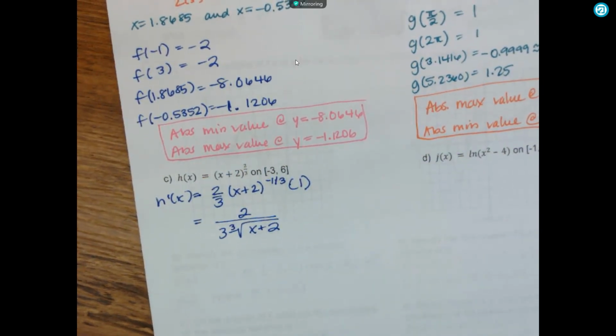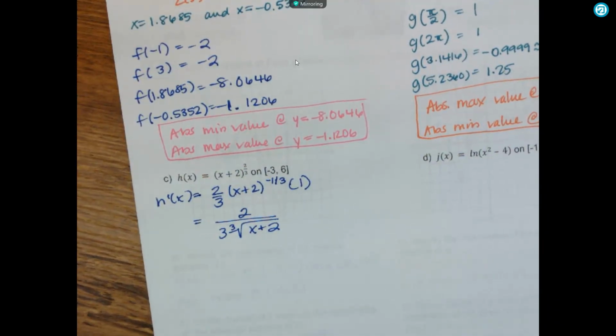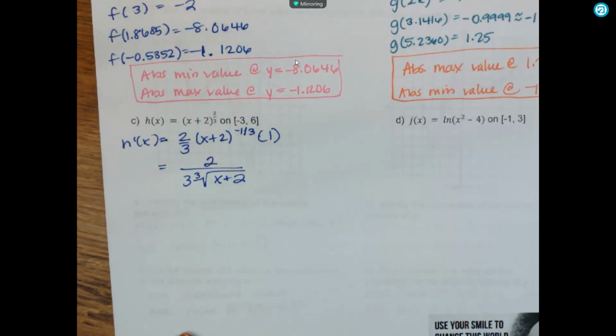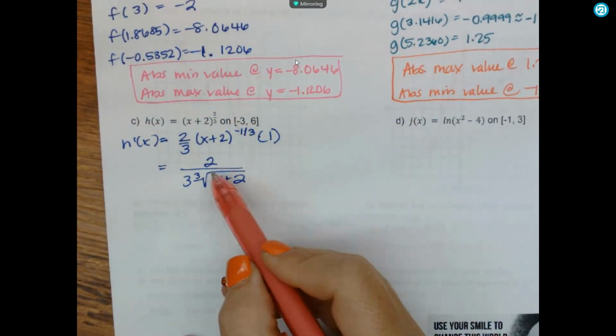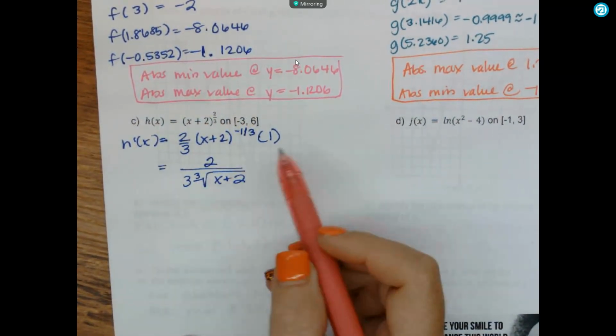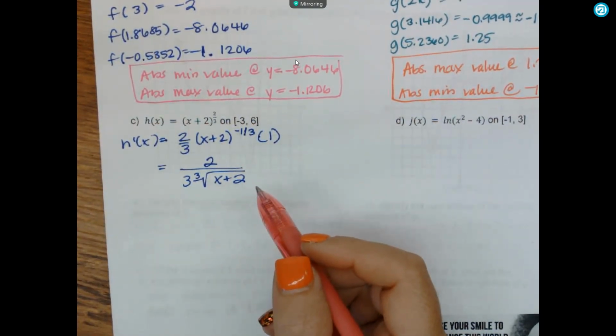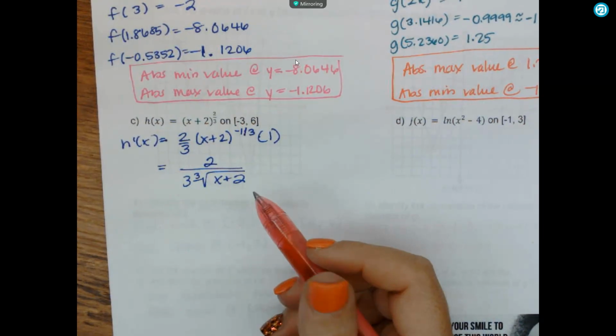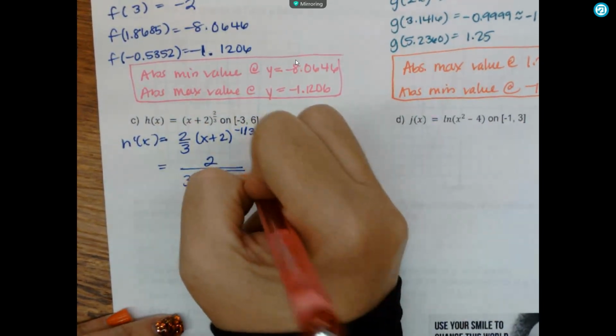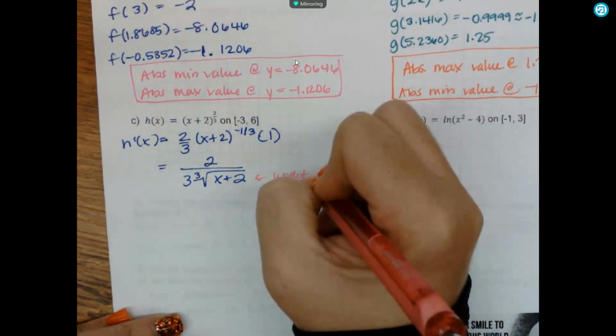All right, so how do we get our extreme numbers? What can it not equal? Okay, so is there anywhere the top will be 0? No, so we don't have any zeros up there. Can't be 0 anywhere, okay? And then down here, it will be undefined at x equals -2.